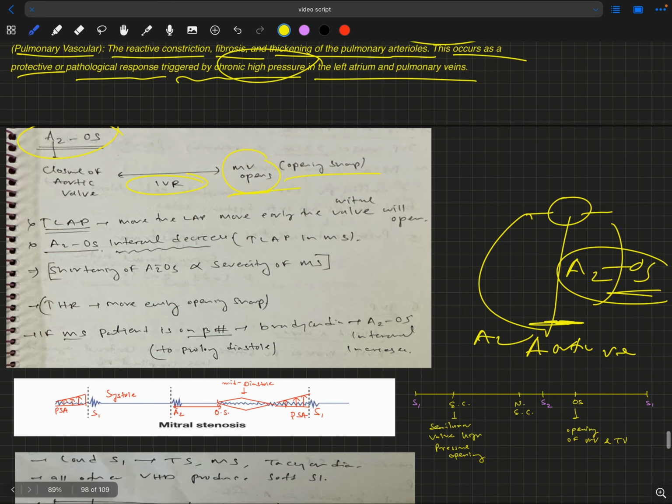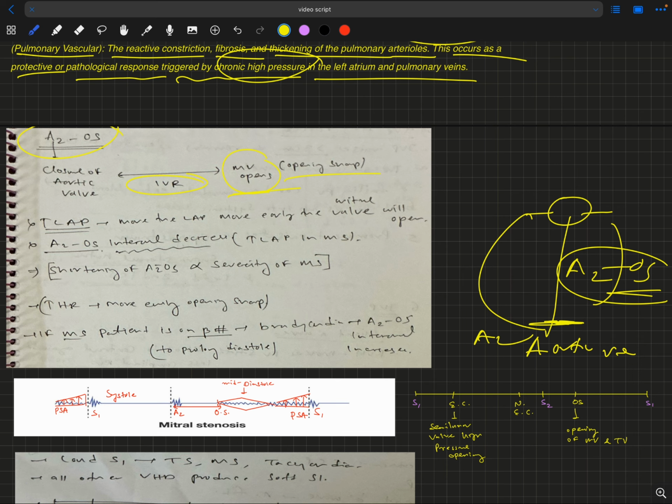The A2OS interval is inversely proportional to the severity of stenosis. If the A2OS interval is less, then you can say the stenosis is more severe, because if this interval is less, it means there is already more blood inside the left atrium, trying to get into the left ventricle as soon as the valve opens.